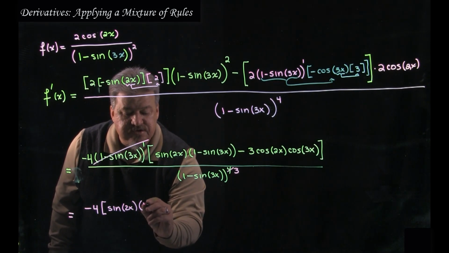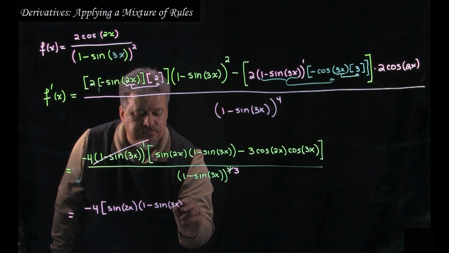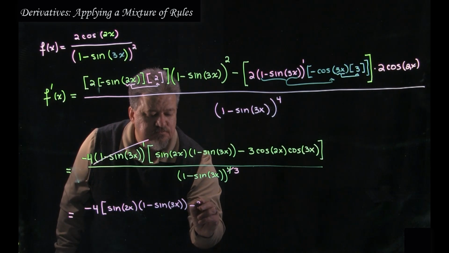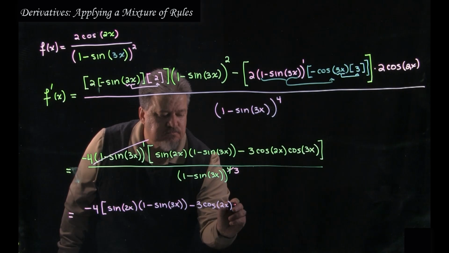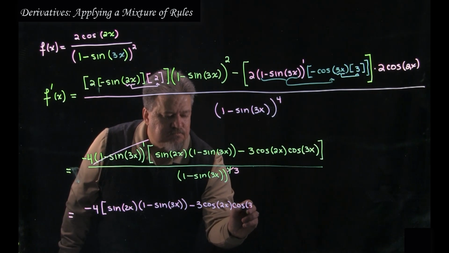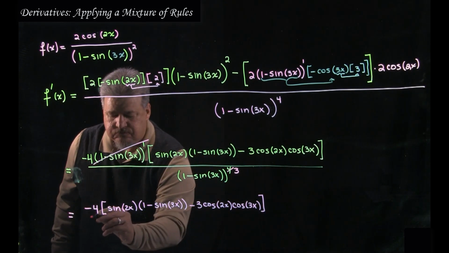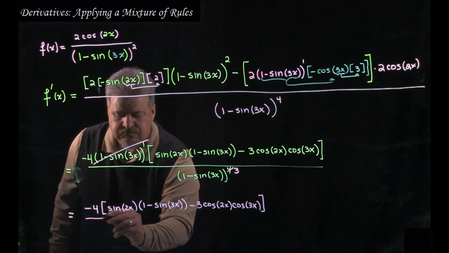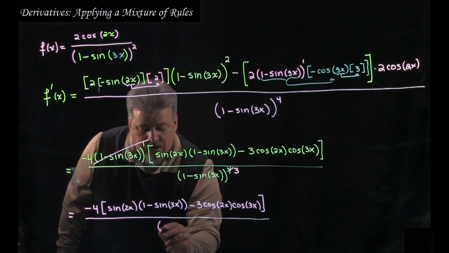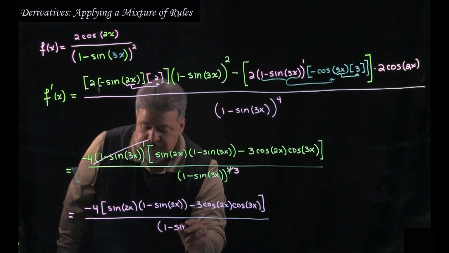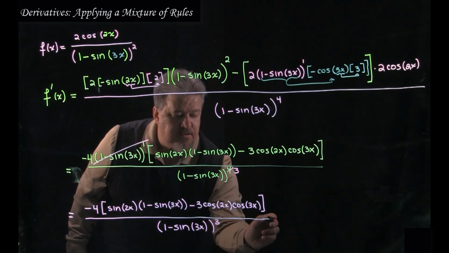I don't believe it's any more simple, so we'll just leave it like this. All over 1 minus sine 3x to the third. There you go.